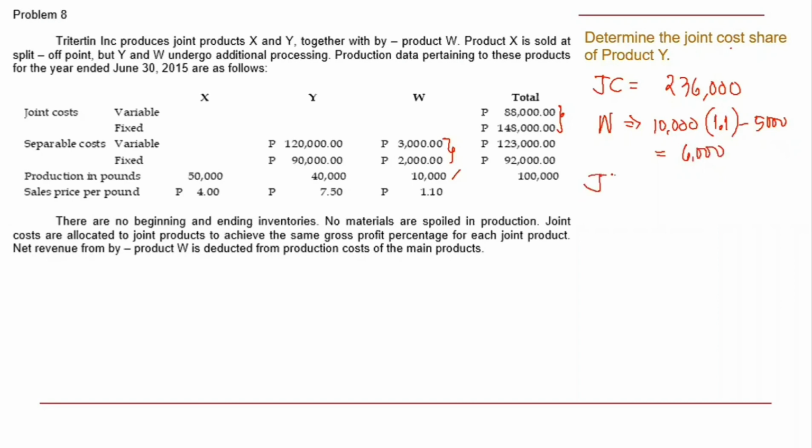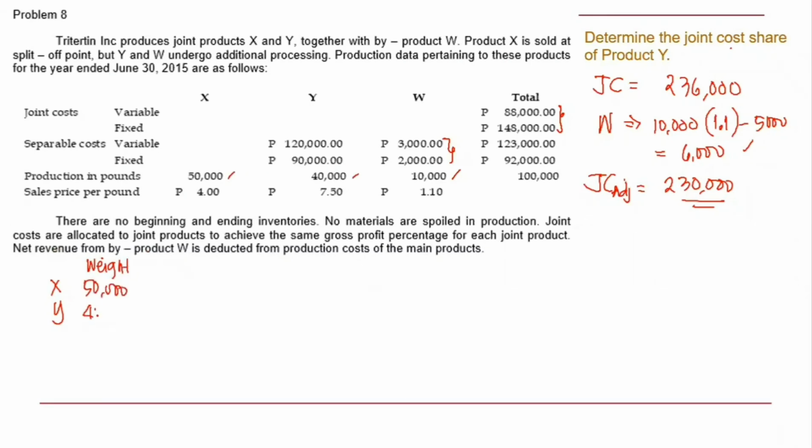Kaya, ang joint cost na adjusted natin to be allocated is 230,000 pesos only. Reduced by the net proceeds of your product W or byproduct W. Now, so solve na natin si X at saka si Y. So, X and Y, ang weight po natin kay X and Y, nakalagay po dito 50,000 and 40,000 respectively.